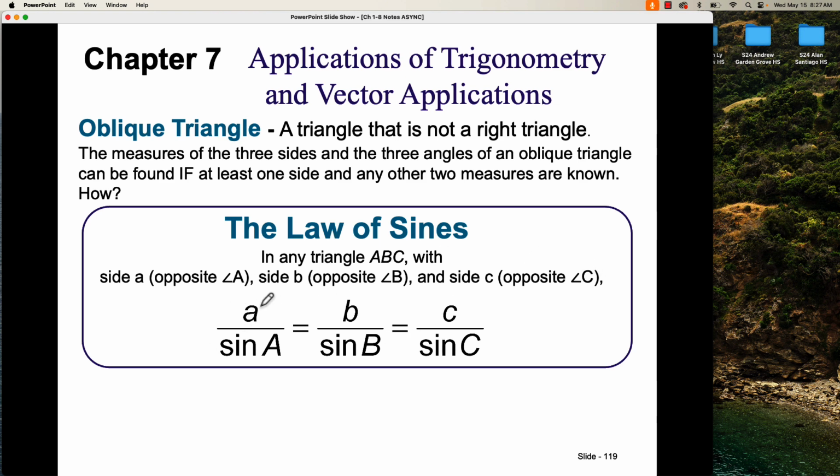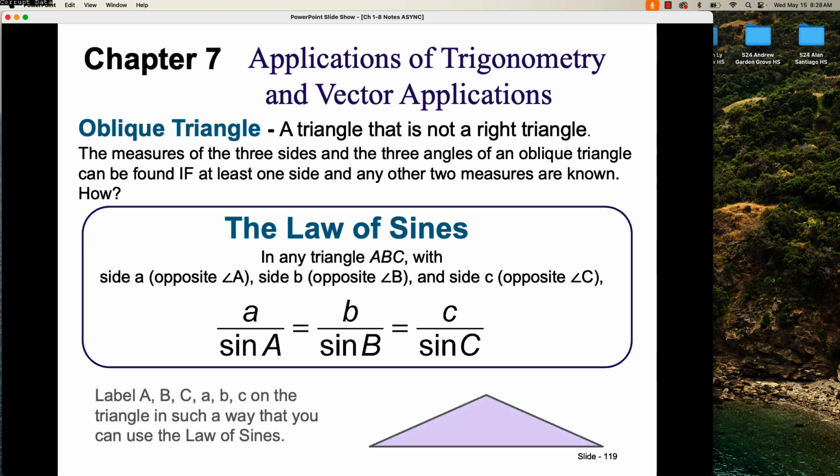The side length lowercase a over sine of the angle opposite it is equivalent to this ratio: the side length lowercase b over sine of angle B, which is equivalent to this ratio: the side length lowercase c over sine of the angle C. Notice that I am emphasizing the lowercase and the capital. These formulas are case sensitive, as all formulas in mathematics, so make sure you are being careful with your lowercase versus capital letters.